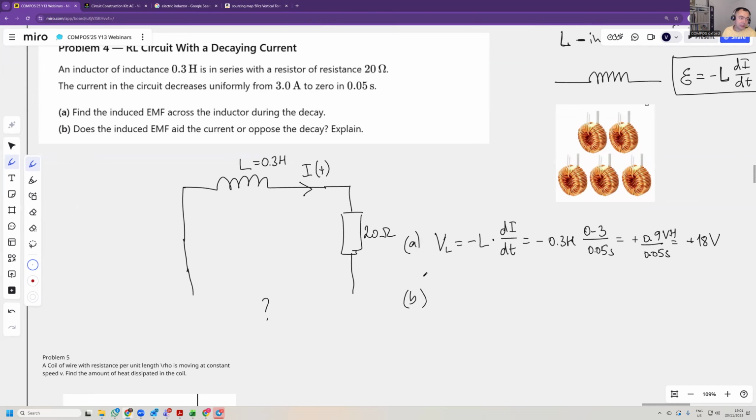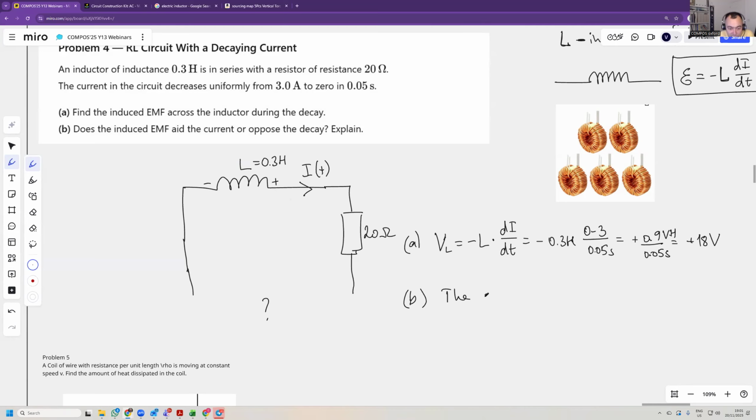B, does the induced EMF aid the current or oppose the decay? Well, it's a decreasing current, and coils don't like change. So the voltage will try to increase the current. So the voltage would be induced helping the current.